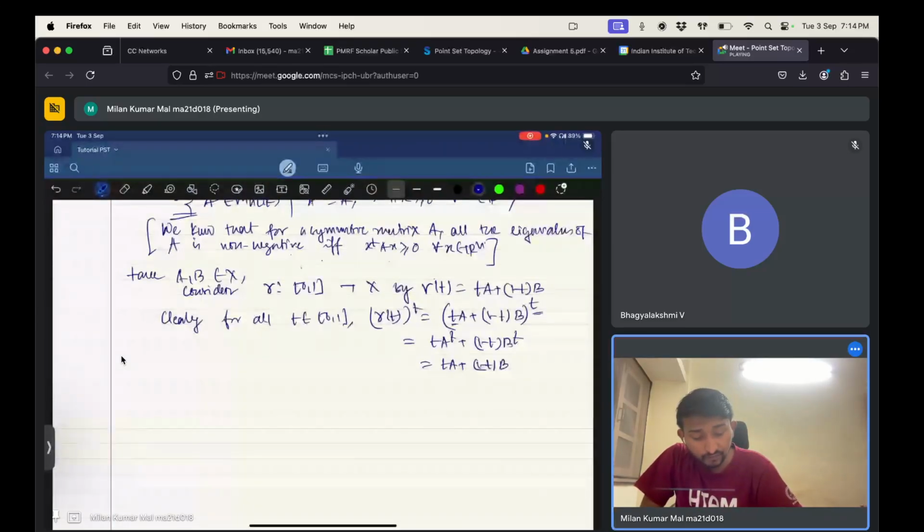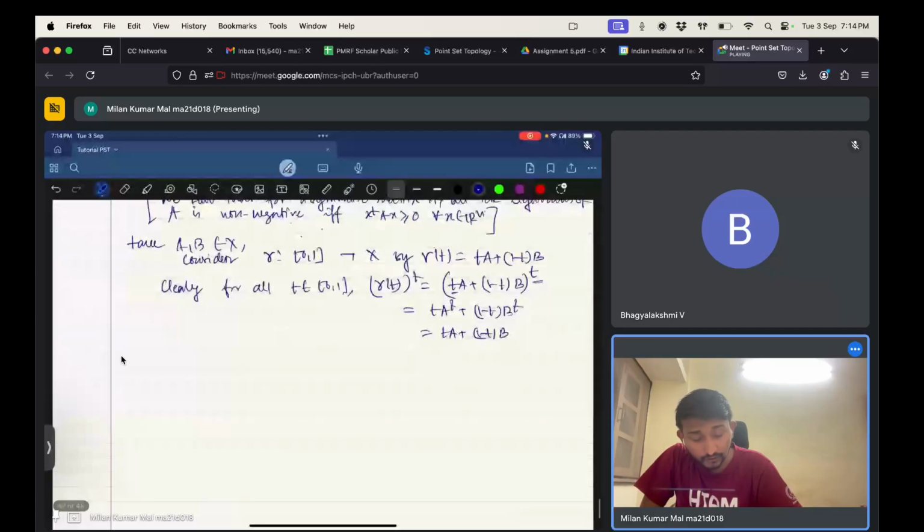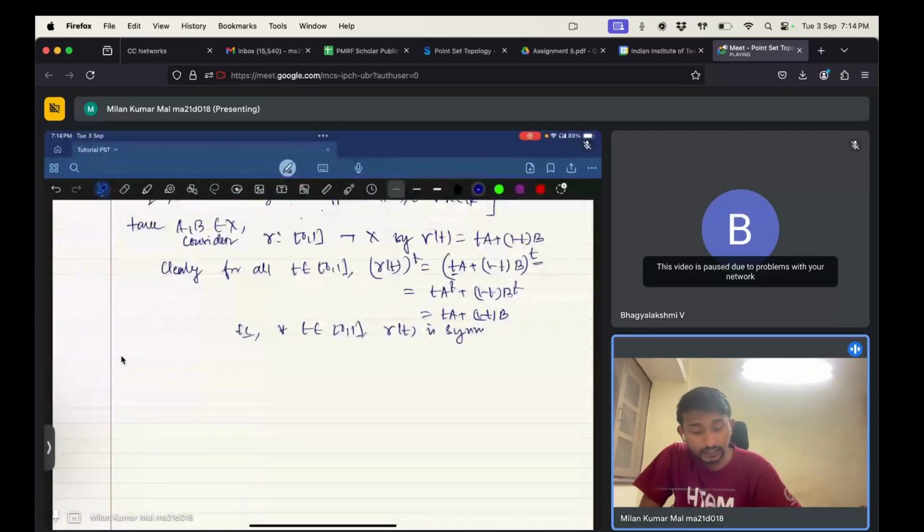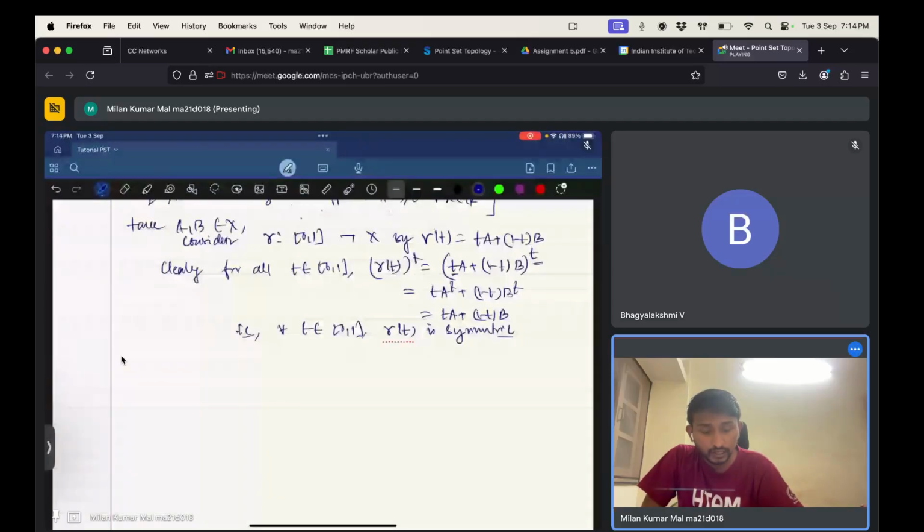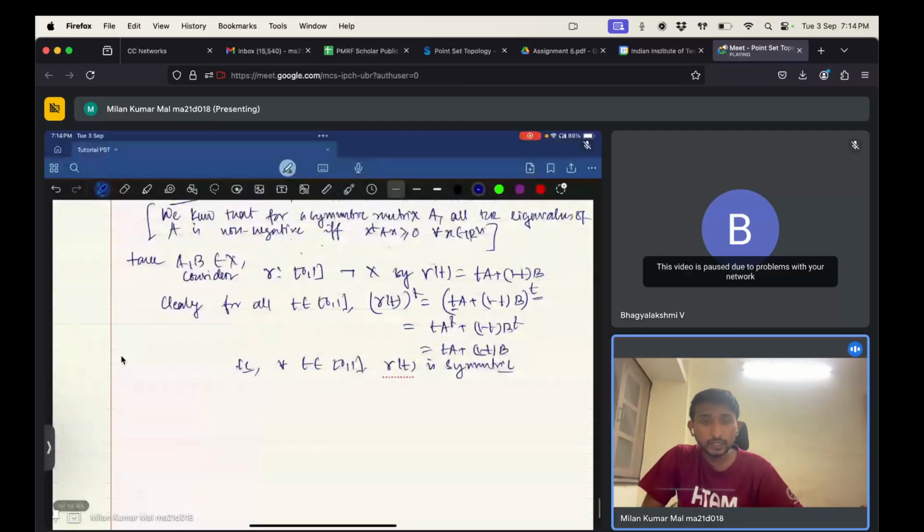Now we have to show that for every t, gamma(t) should satisfy this type of condition, that X transpose AX is greater than or equal to 0. So that we will check. Then we can say that gamma(t) is well defined.